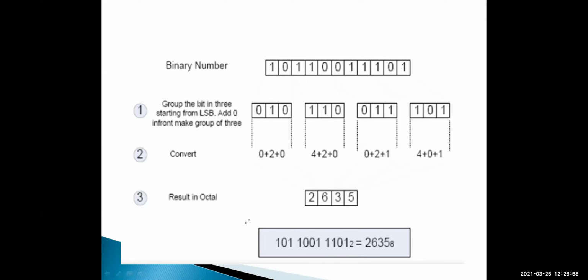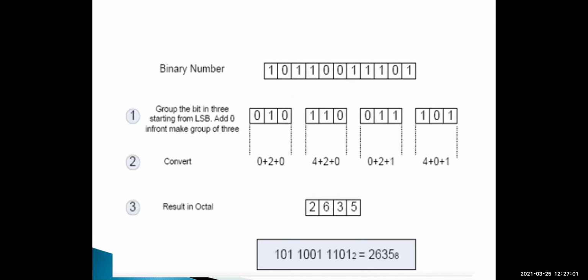Clear, fine. So let me see the attendance part. I think the series is starting from 87, so I will just tell you only the last two digits.